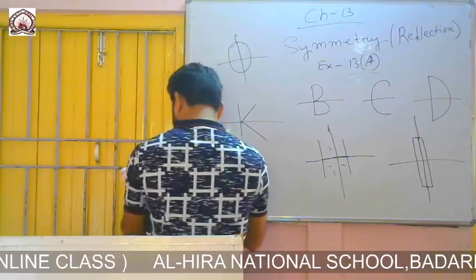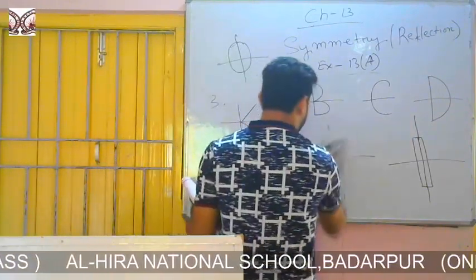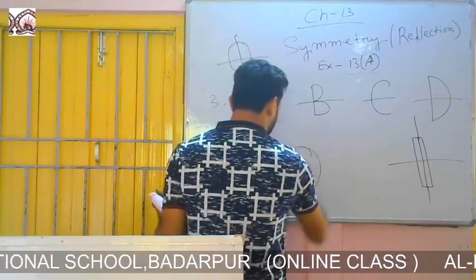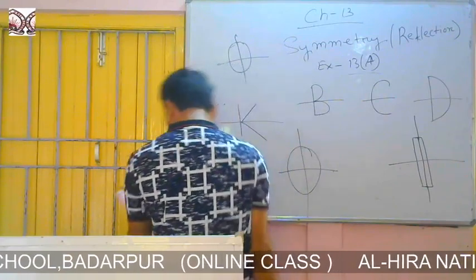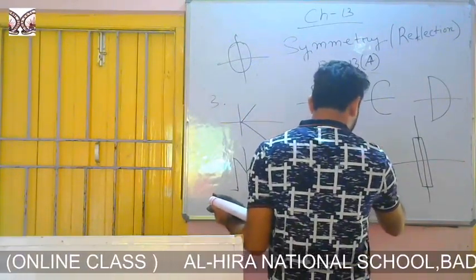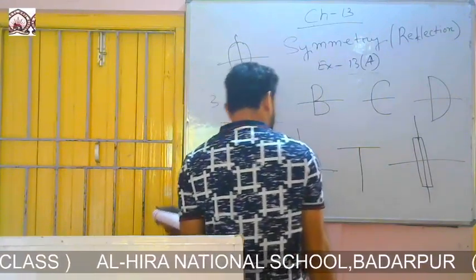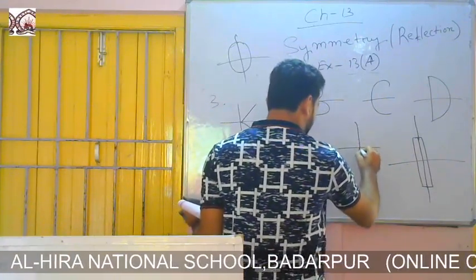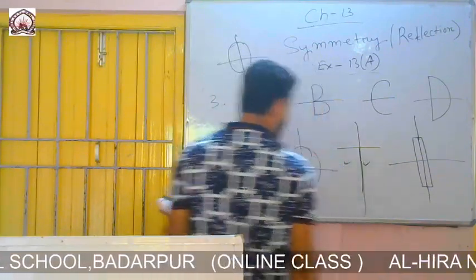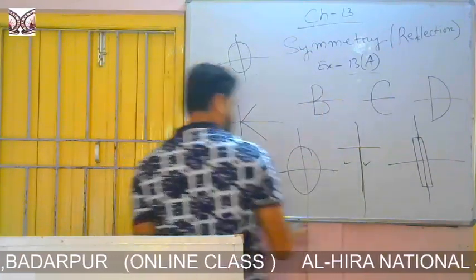Then O, like this. Okay, then T I can only draw one vertical line like this. Then this portion will be equal. Okay, then U.